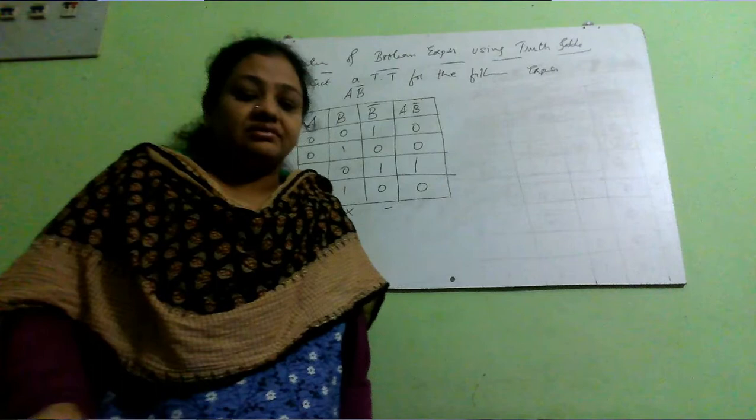Now let us see, in this expression there is A, that column we have, and then B bar, we have found B bar. Now we need to AND A and B bar.